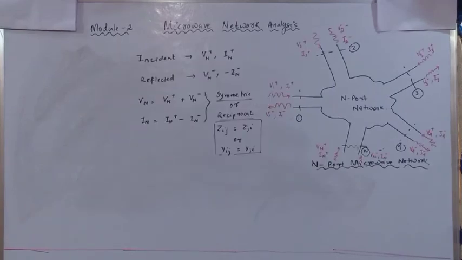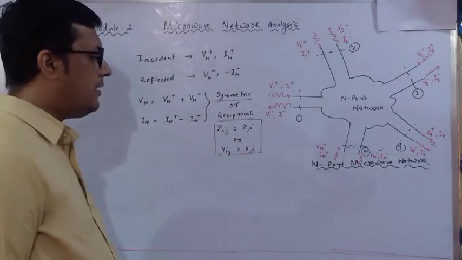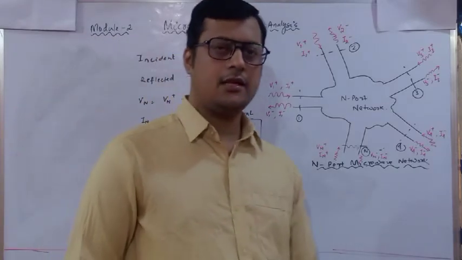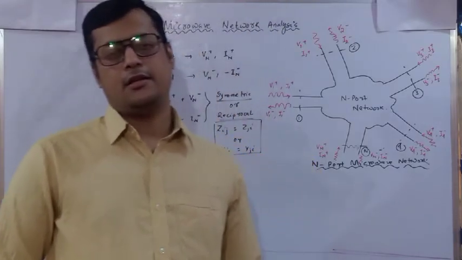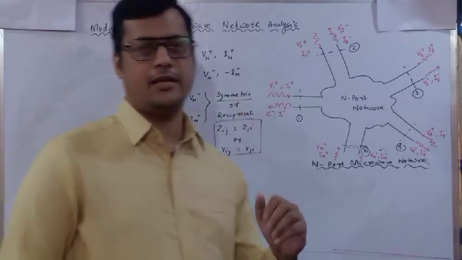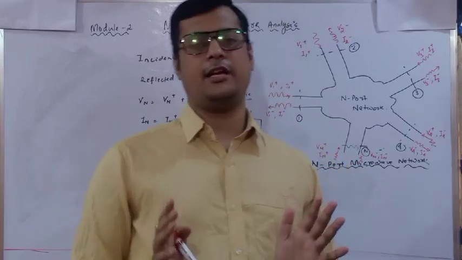Okay, so this is our N-port microwave network. Okay, so when we are discussing this microwave and all, the thing that will come into our mind is that an incident wave will be there, a reflected wave will be there. Now we have to represent in terms of potential and current.